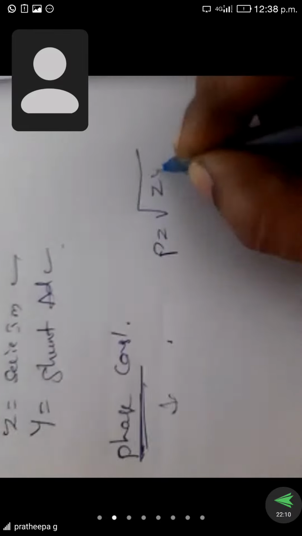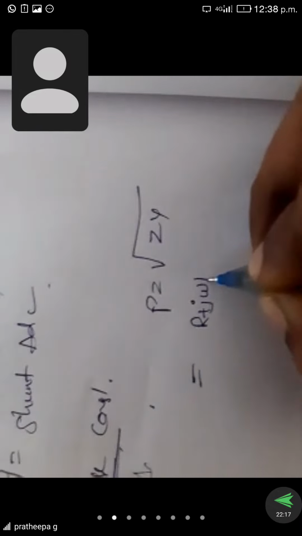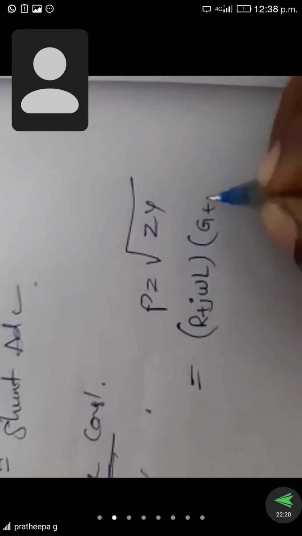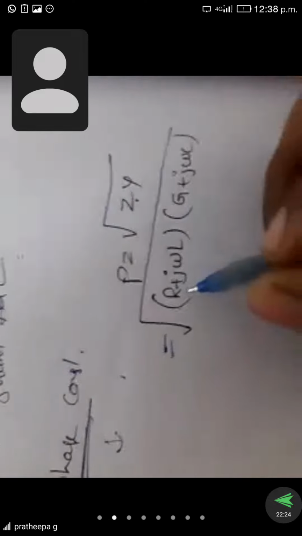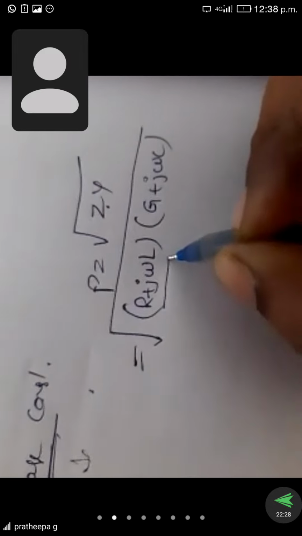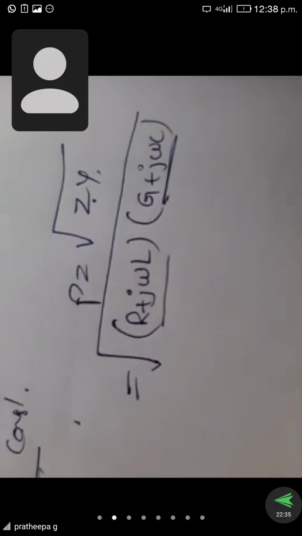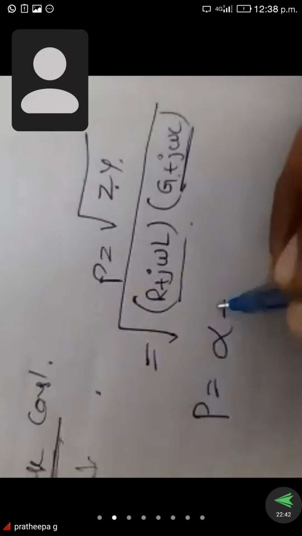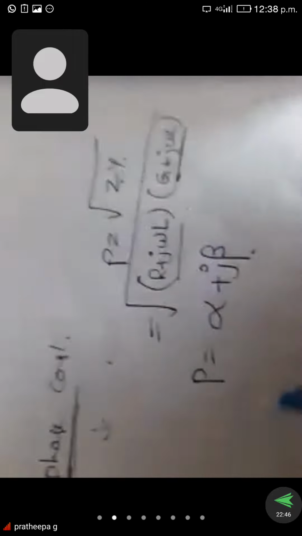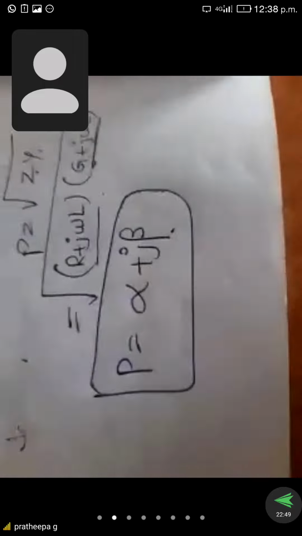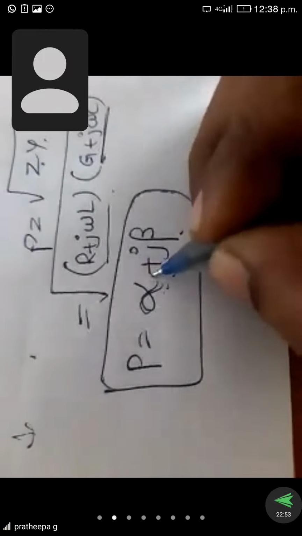In the propagation constant, P equals under root Z and Y, which can be written as R plus J omega L into G plus J omega C. That means Z equals R plus J omega L, Y equals G plus J omega C. దీన్ని మనం సింపుల్ గా P equals alpha plus J beta అని రాసుకోవచ్చు.